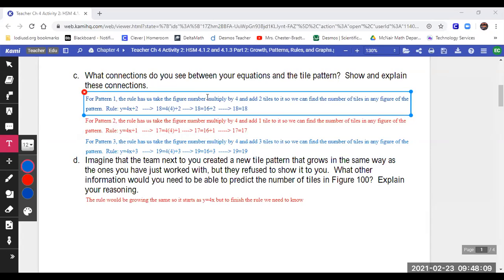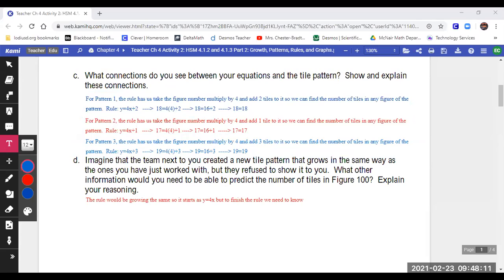What piece was different in all three of the rules? What did it stand for? What piece was changing? What did it stand for? The number of tiles the pattern started with. Exactly. Thank you, Adrienne.